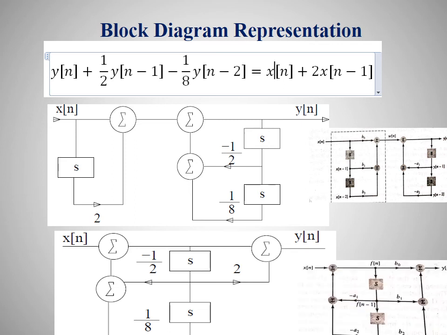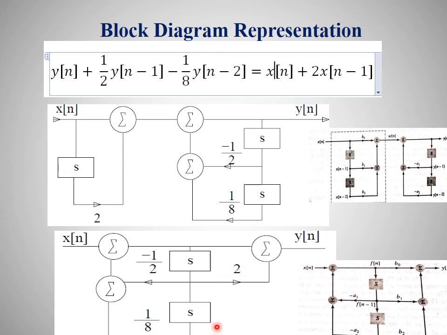Next, let us go on to the second representation, which was considered wherein we had only one shifting element. So considering the positions here, the shifting element is present here. We have here x of n, here we have y of n. So we would be getting this as minus a1. We would recall that the theory generates this as f of n minus 1, f of n minus 2, and the respective equations.